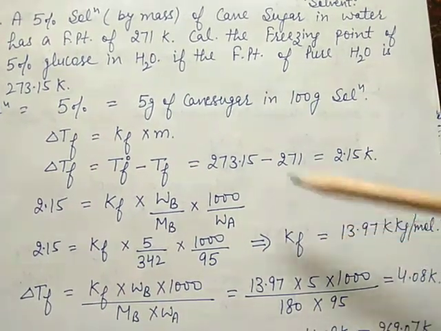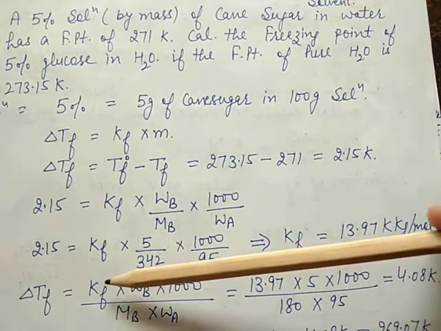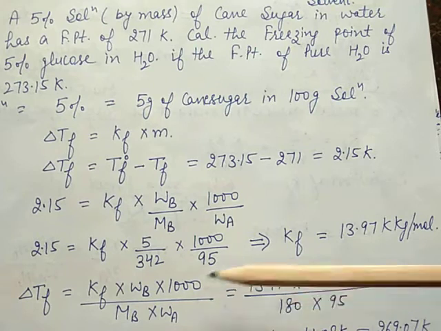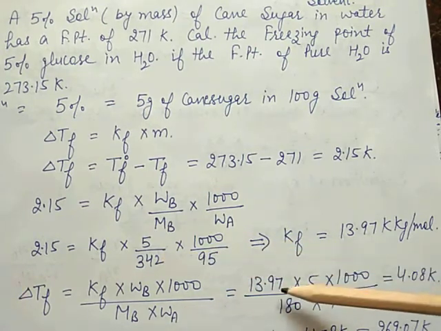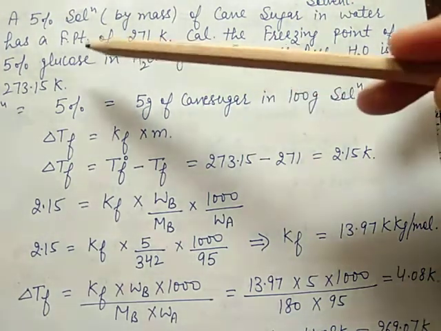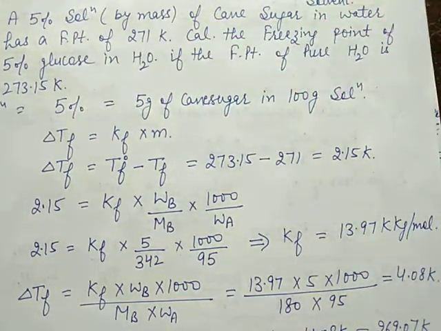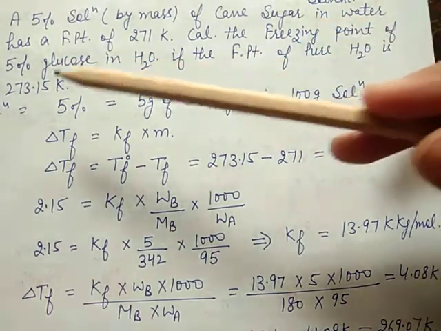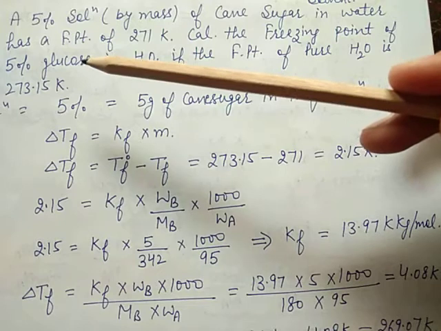Then putting this Kf value in this formula, delta Tf is equal to Kf into Wb into 1000 by Mb into Wa. Kf value is 13.97. Now we find out the freezing point of 5% glucose.